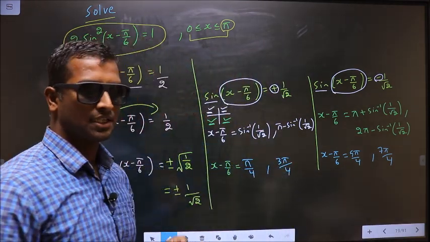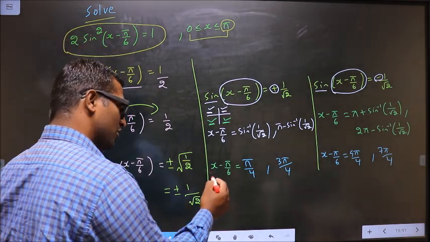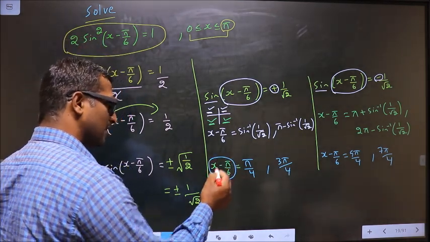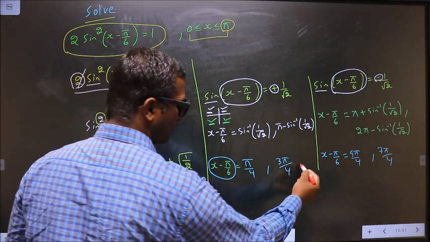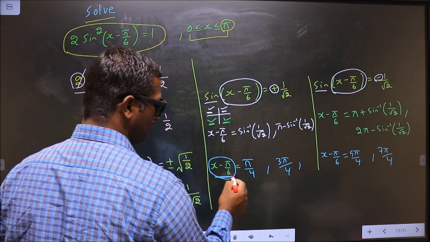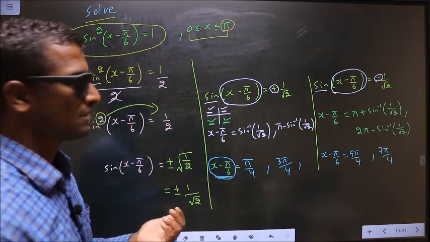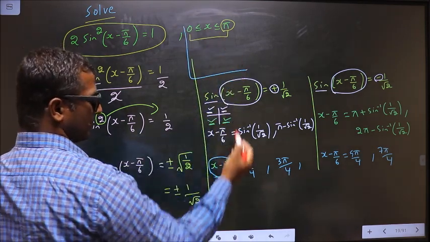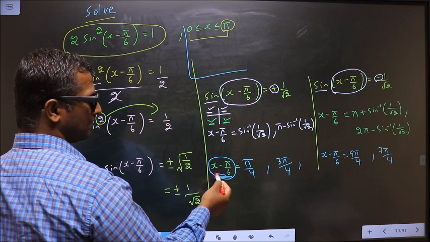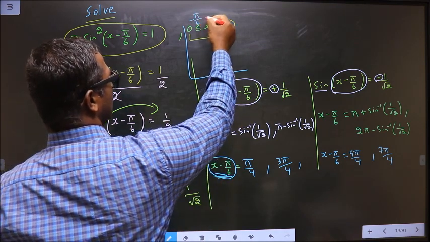Now the question arises: in what interval should the values for this lie? And question 2, how many values shall I find for this? To answer that, we do this. Here x lies in the interval 0 to π. We need x − π/6, so we subtract π/6.